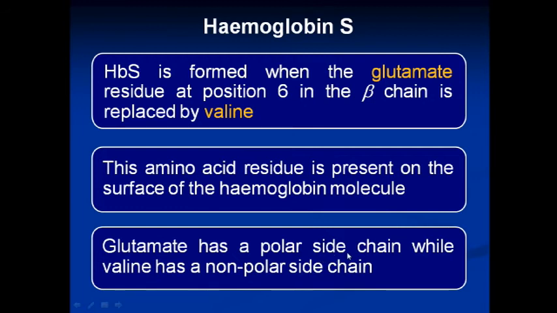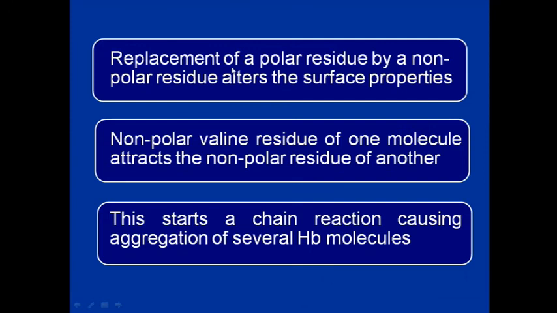Glutamate has a polar side chain while valine has a non-polar side chain. Replacement of glutamate by the non-polar valine residue of one molecule attracts the non-polar residue of another. This starts a chain reaction causing aggregation of several hemoglobin molecules.